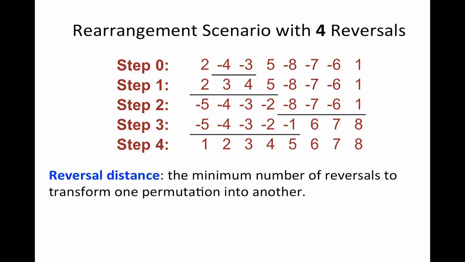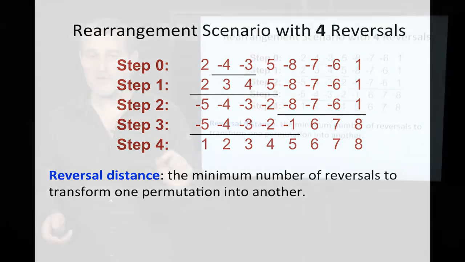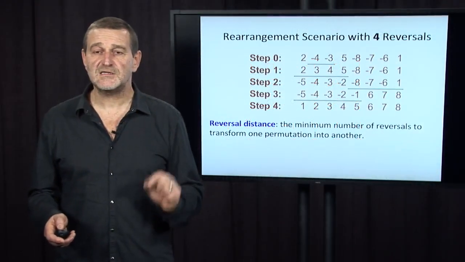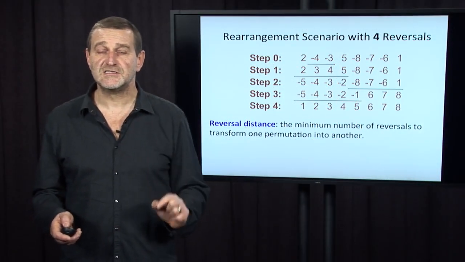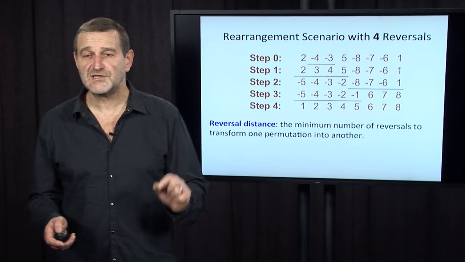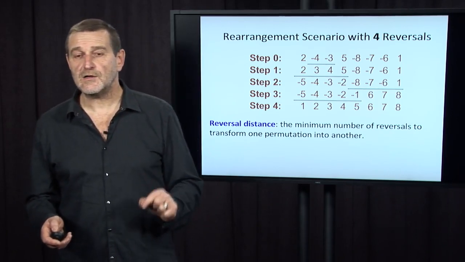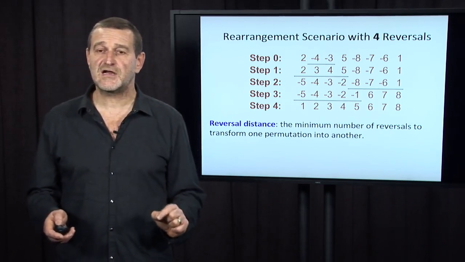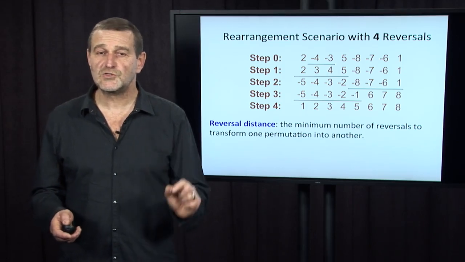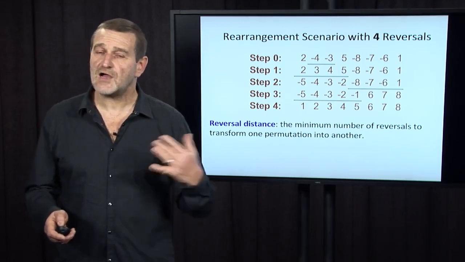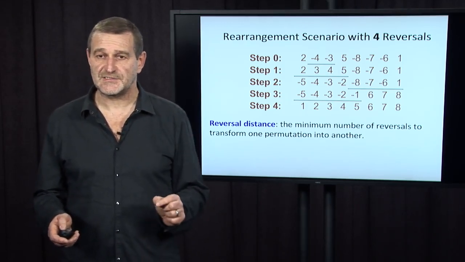And we'll define reversal distance as the minimum number of reversals needed to transform one permutation into another. Biologists are often interested in shortest scenarios for transforming one genome into another because the shortest scenario often corresponds to the biological scenario or comes close to it.